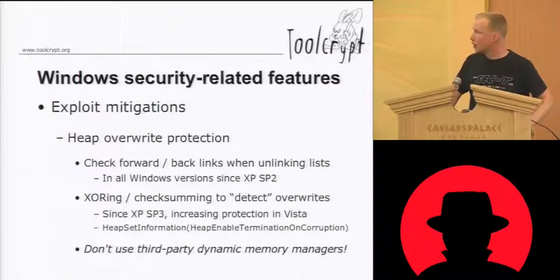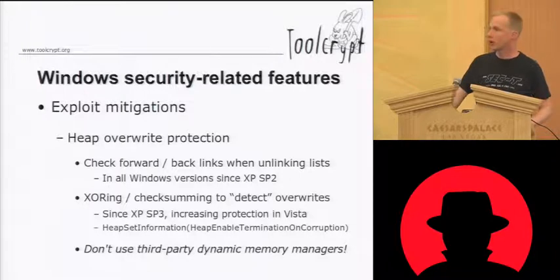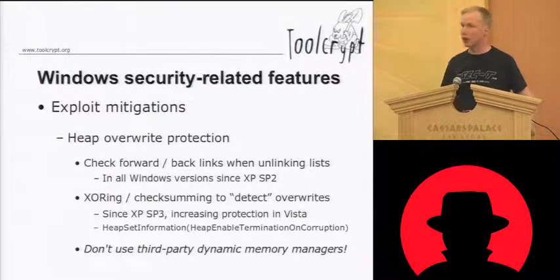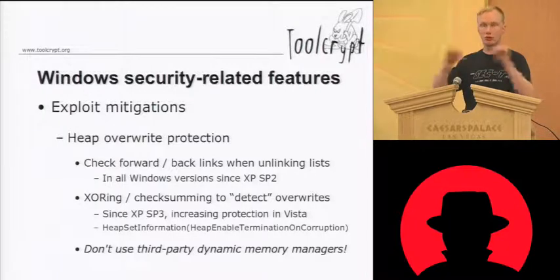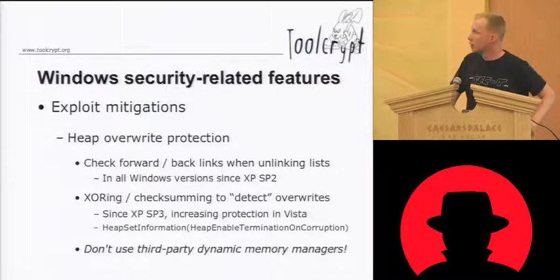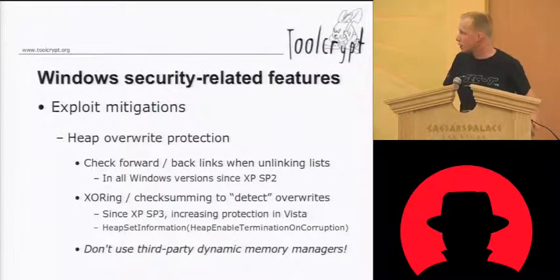And an easy check is just to check that the forward and backward links are actually pointing to two chunks that are pointing back to the original chunk, to make sure that the links you're following aren't being forged. And that was implemented in XP, so SP2.